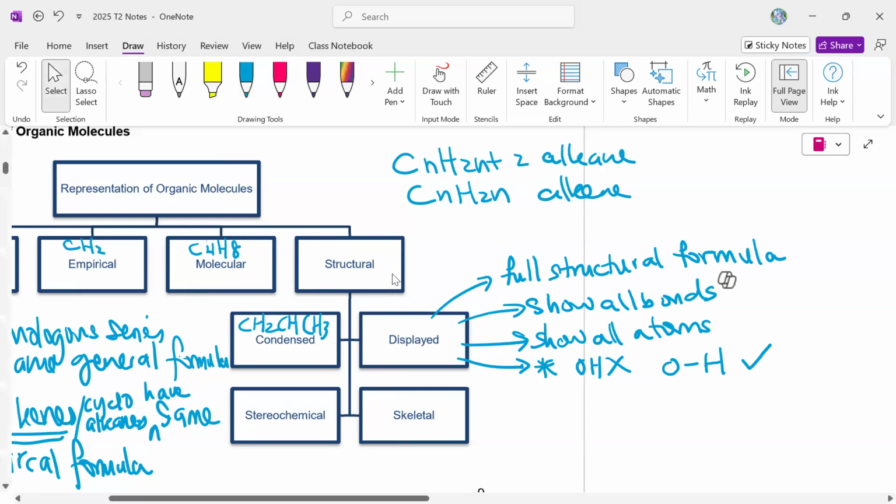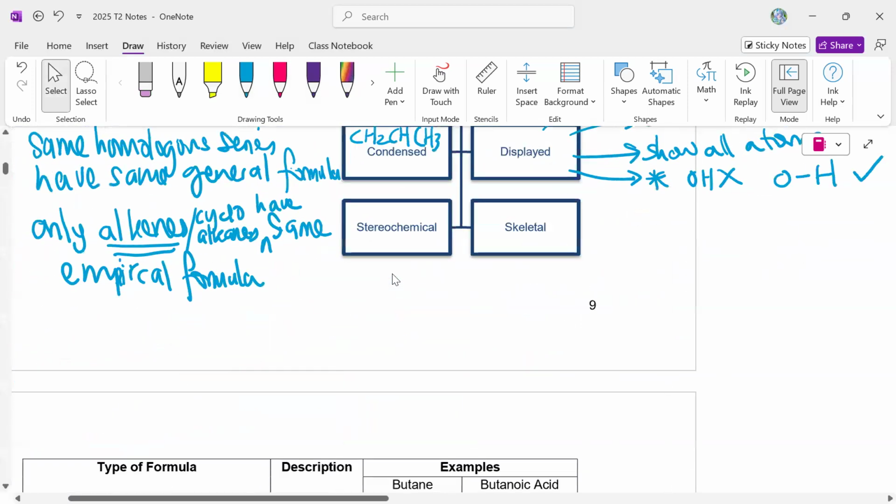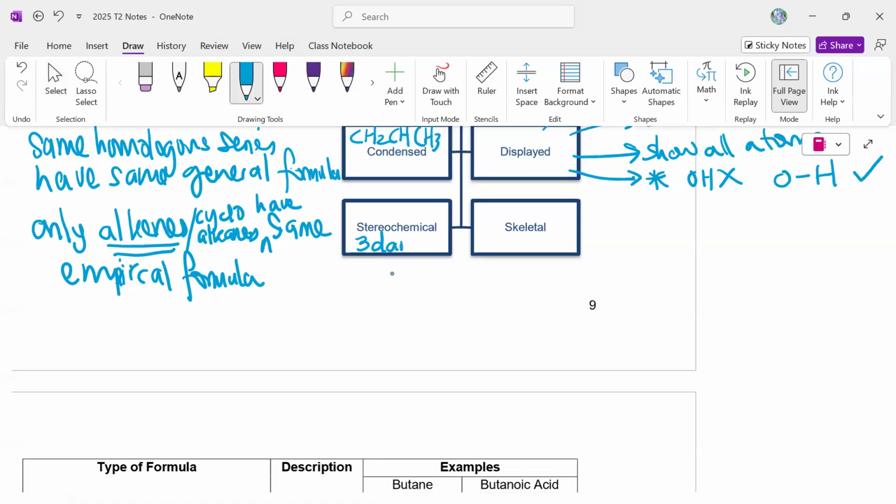Now, the stereochemical formula is like the 3D arrangement. Because most of the carbon atoms are tetrahedral, they are actually three-dimensional.